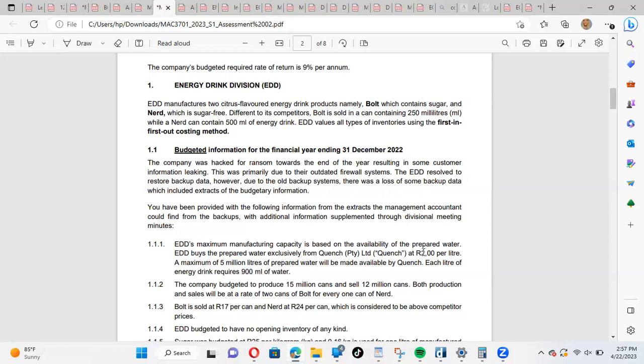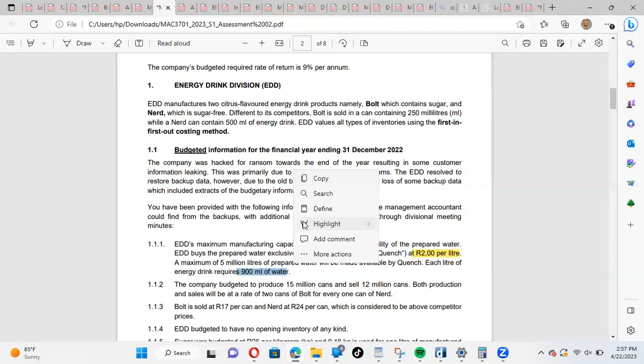If now we are saying it's 2 rand per liter, we are only focusing on this one here because we need the cost. That's our cost there, and each liter of energy drink requires 900 mils of water.